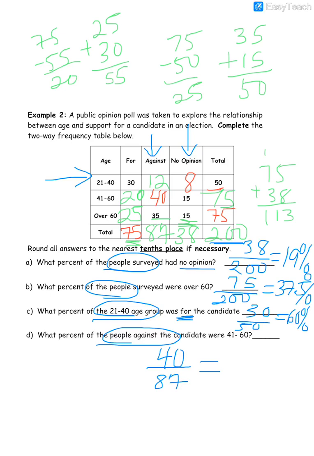So I'm going to use my calculator, and I'm going to divide 40 by 87. I'm going to times it by 100. And then I'm at 45.97701149. And if I look in the tens place, I'm at a 9, but I look to the right. So I look at the 9, look to the right.